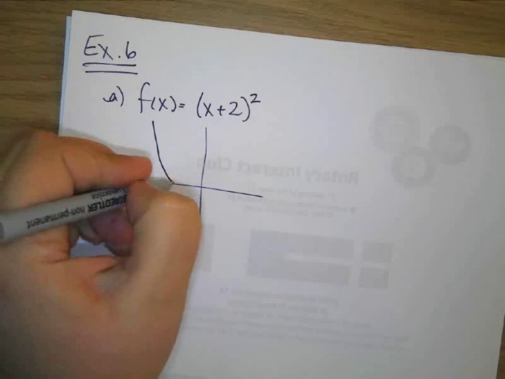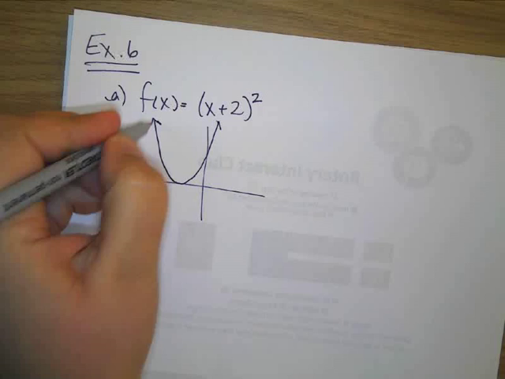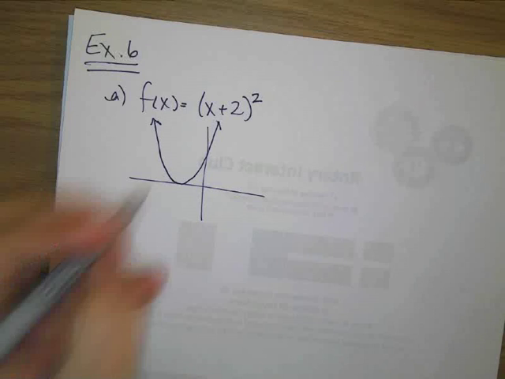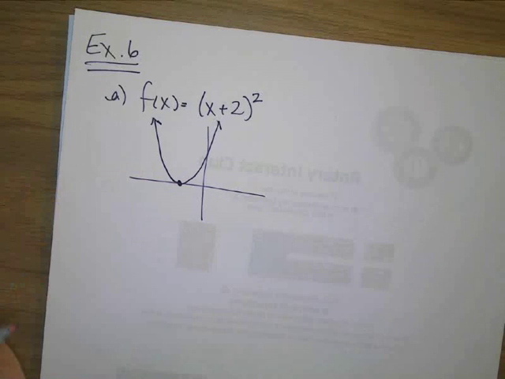So it should have looked like this, right? So what you need to find when they ask for increasing and decreasing is you need to find maximums and minimums. So I need you to find this minimum value.